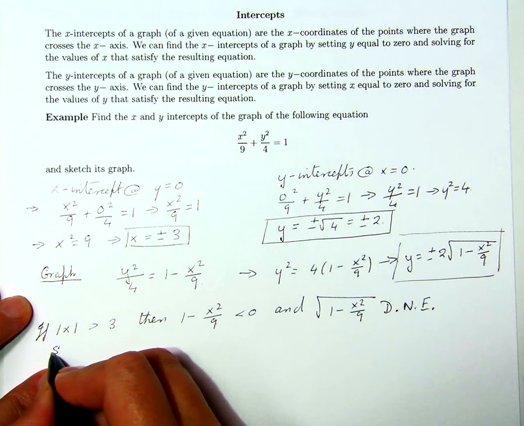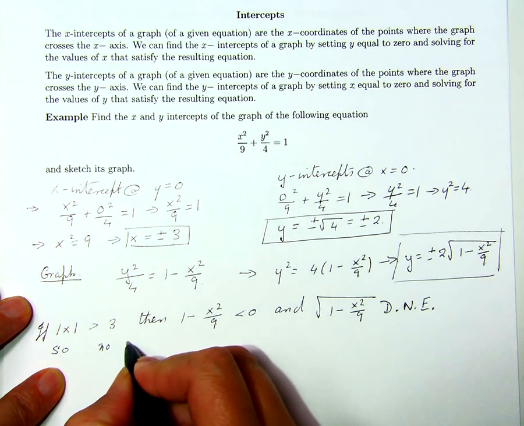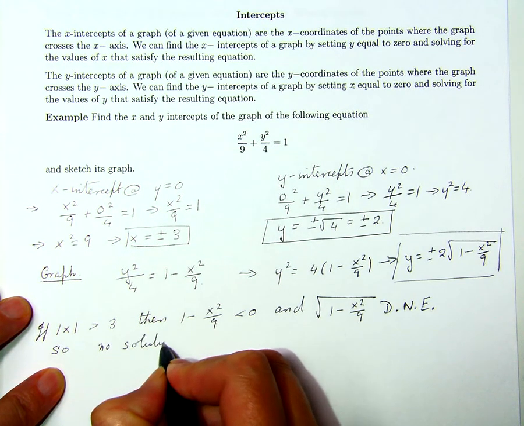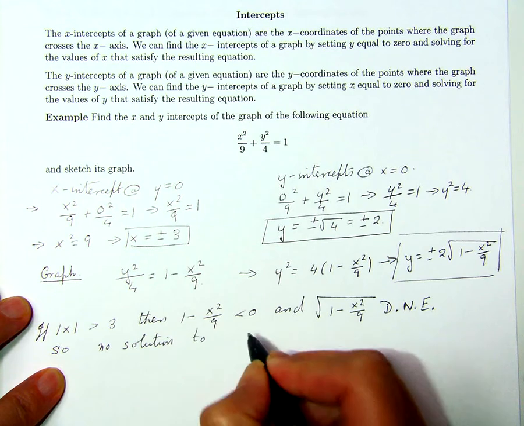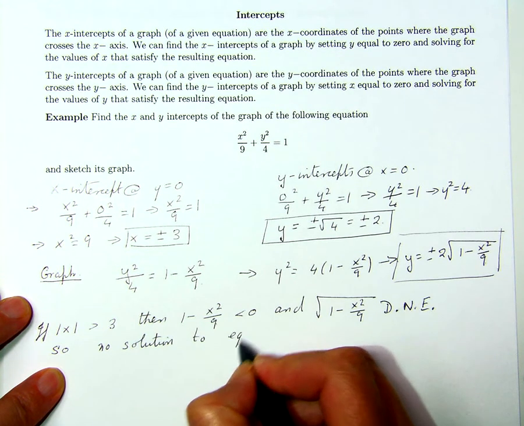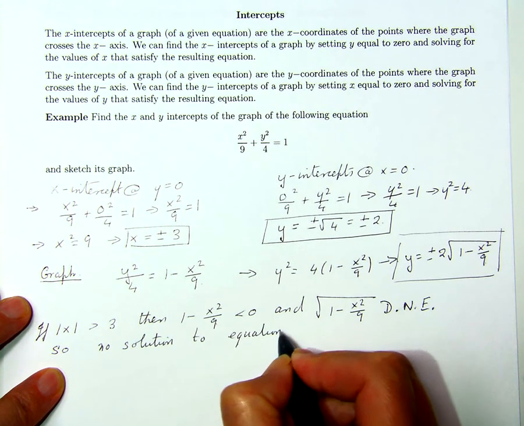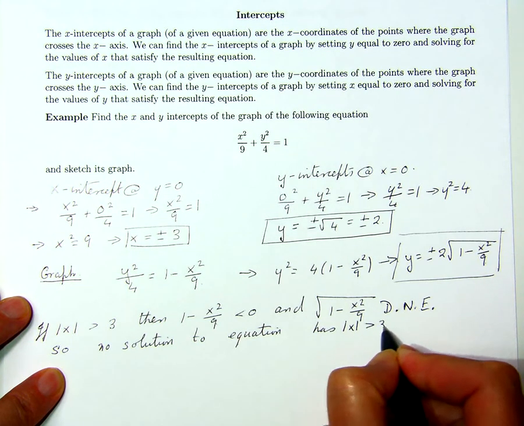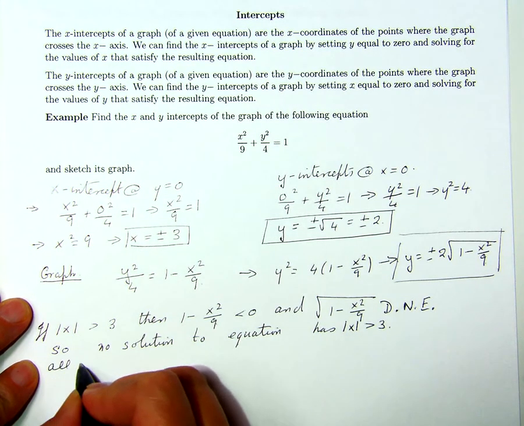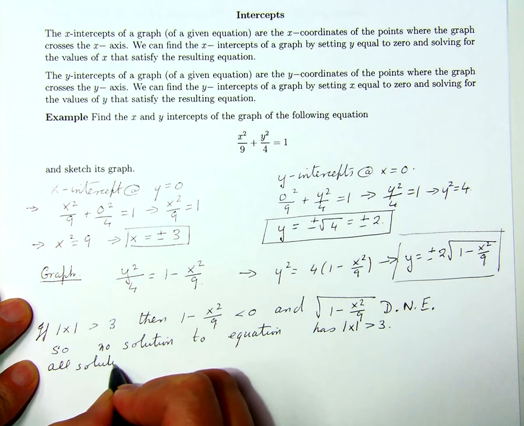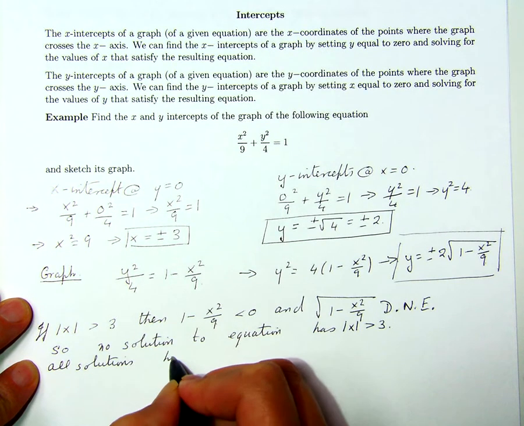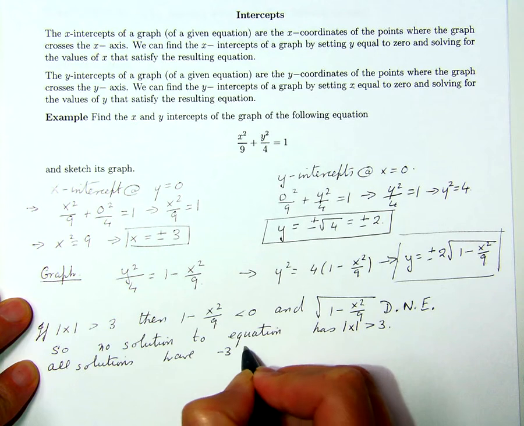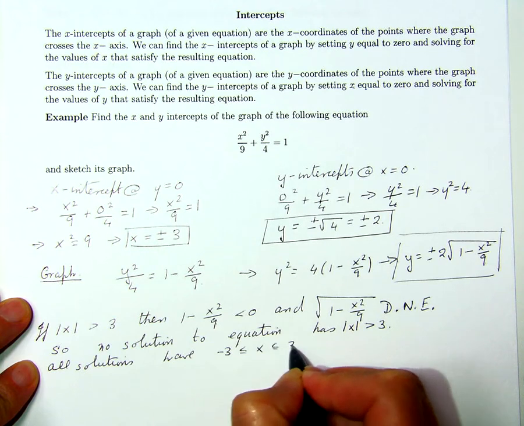So no solution to the original equation as the absolute value of x is greater than 3. In other words, all solutions have their x values between 3 and negative 3.